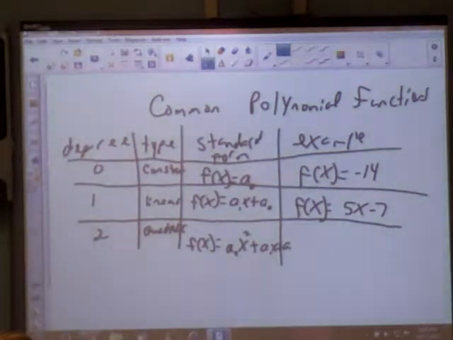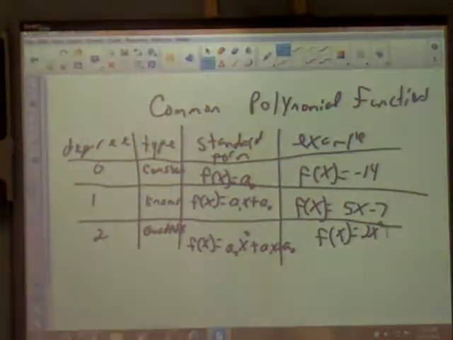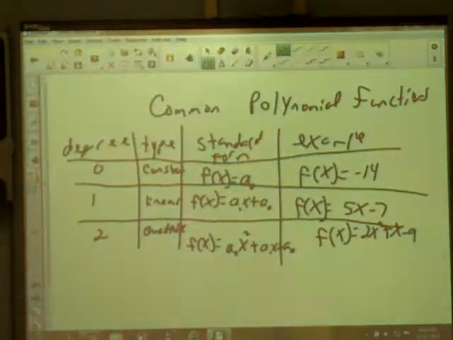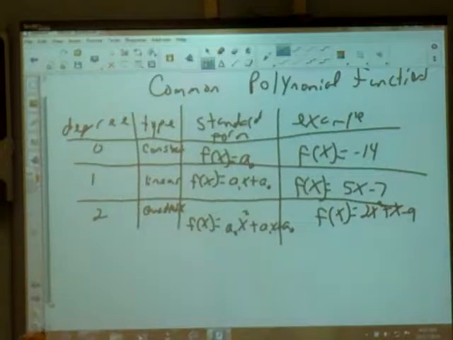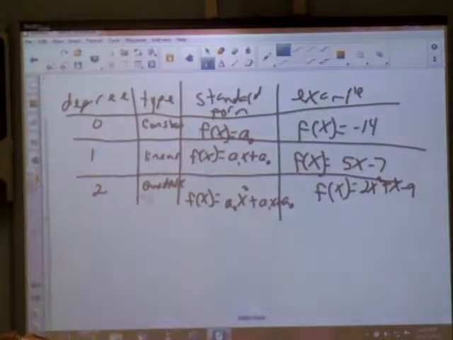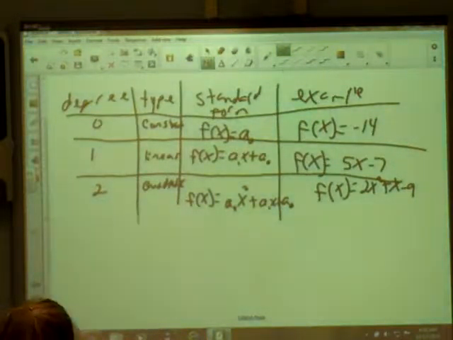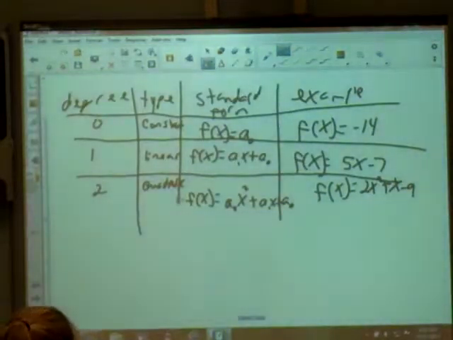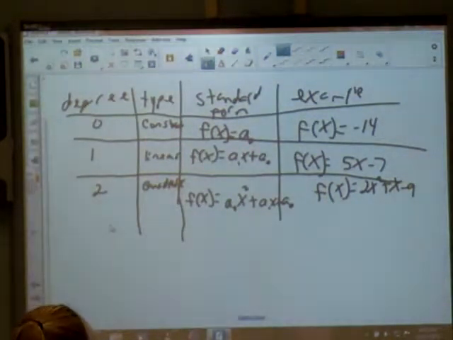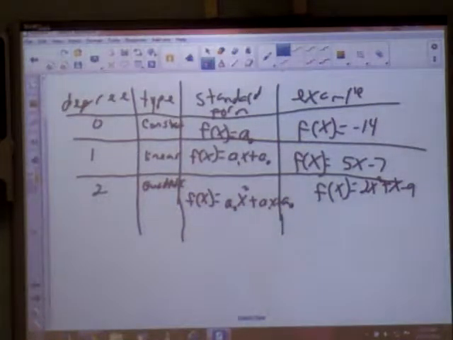A good example would be 2x squared plus x minus 9. A base 2 x squared plus a base 1 x plus a base 0. And that a base 2, a base 1, a base 0, that's what Macy was asking about. That stands for any number, and it could be anything in there.